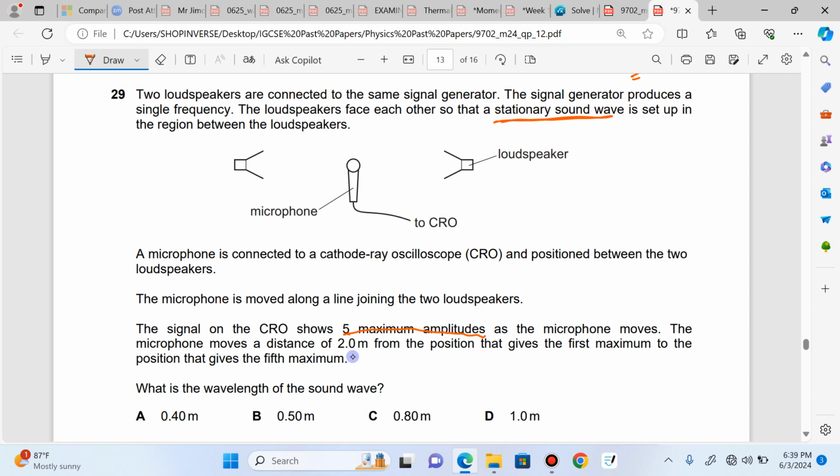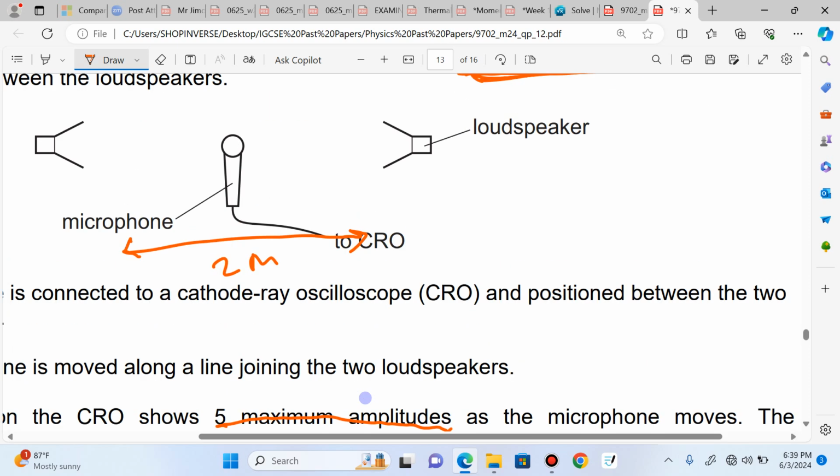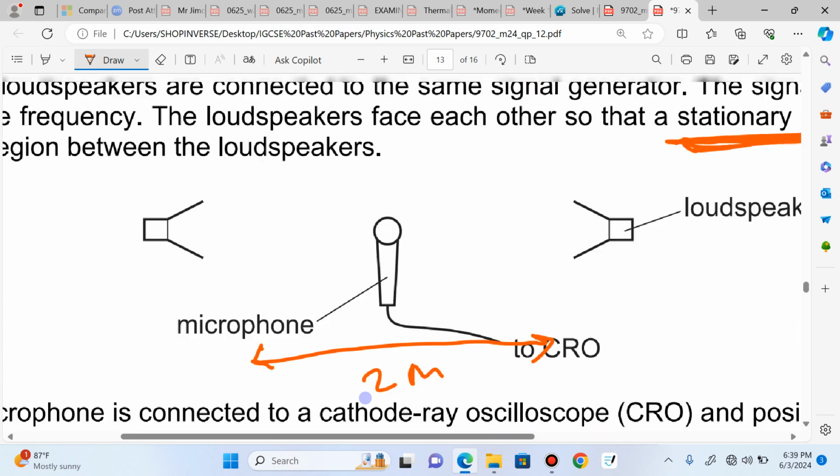So let's assume this is the distance of 2 meters between the first maximum and the fifth maximum. What is the wavelength of the sound wave? Since we have stationary waves, there must be interference of the two waves, a node being in the same position as an antinode.